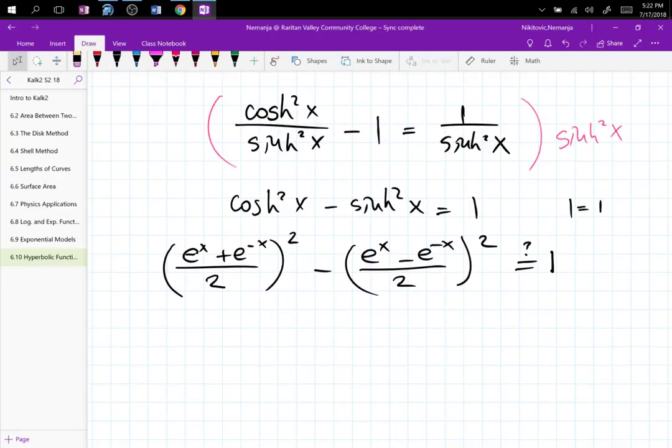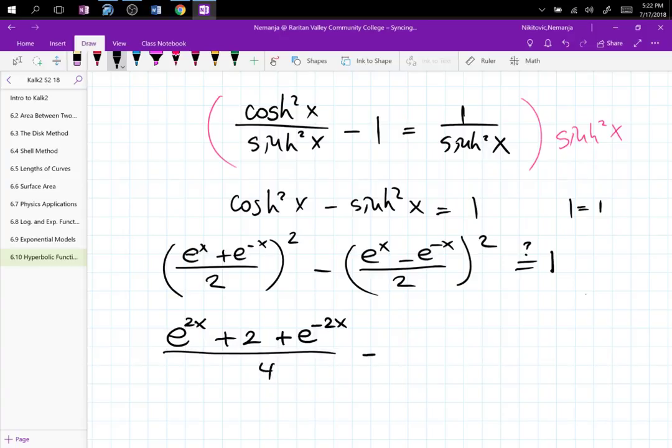Square the first one: (e^(2x) + 2 + e^(-2x))/4, minus (e^(2x) - 2 + e^(-2x))/4, should be 1.